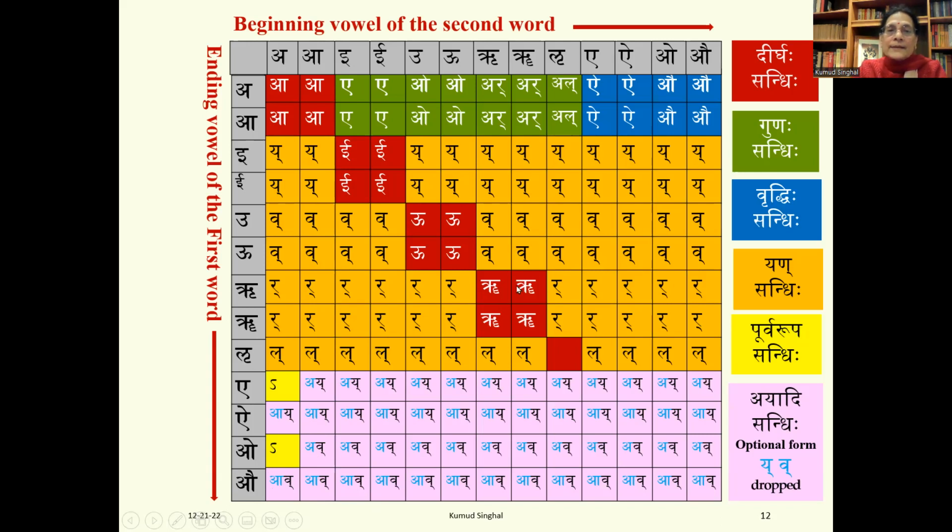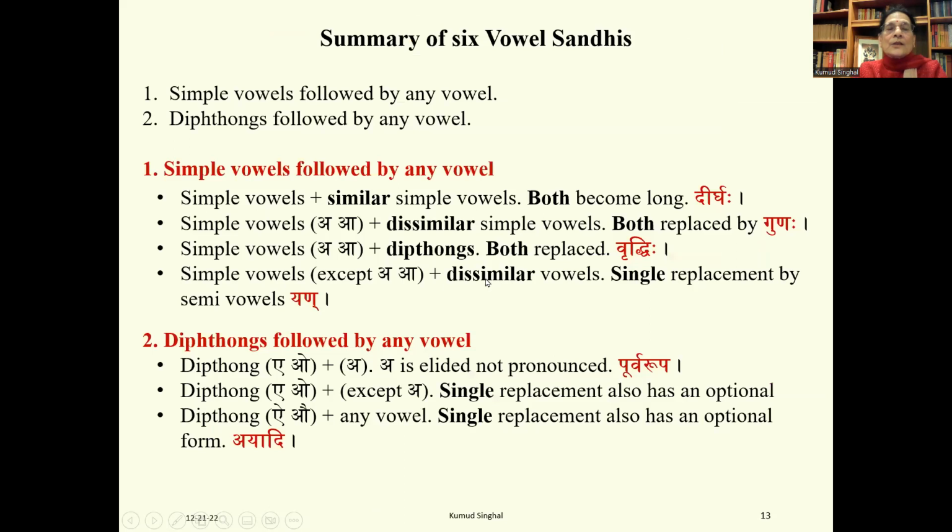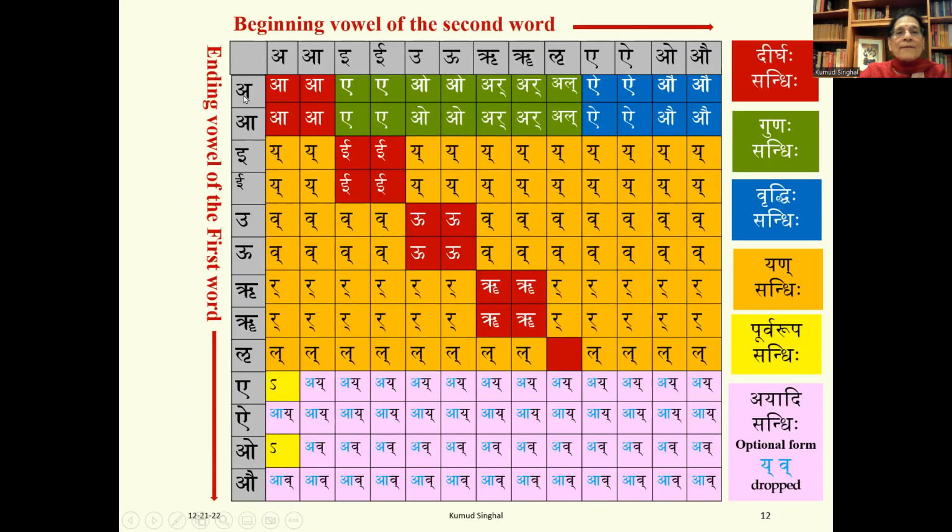So okay. So let's summarize all the vowel sandhis we have, the 6 vowel sandhis. So there are 2 divisions. One is simple vowels followed by any vowel, or diphthongs followed by any vowel. So if you look in the previous chart, you could divide this matrix into 2 parts.